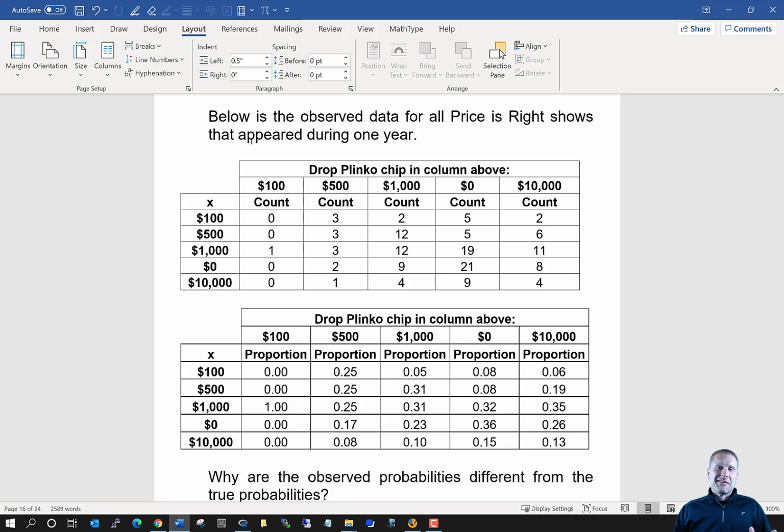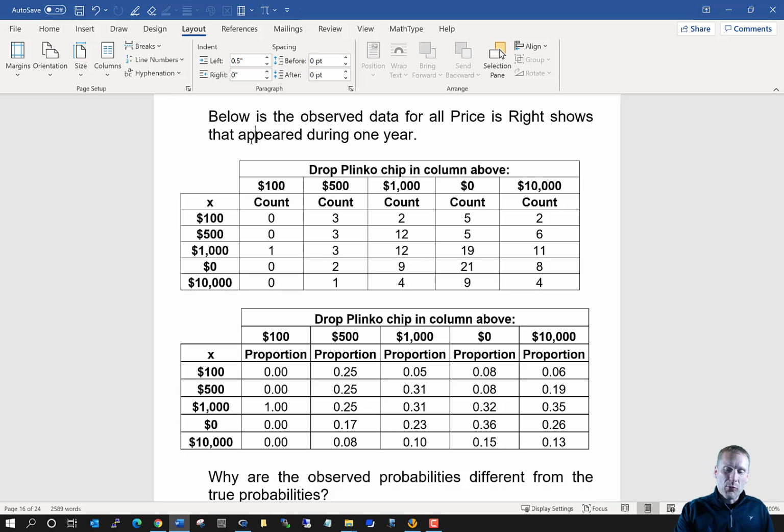I then gave that recording to one of my graduate students and had my graduate student watch and record what actually happened in the game. Now, I would like to note that this graduate student was very interested in this little research project that I gave her. So I did not force her to watch The Price is Right over and over again. She wanted to do this research project.